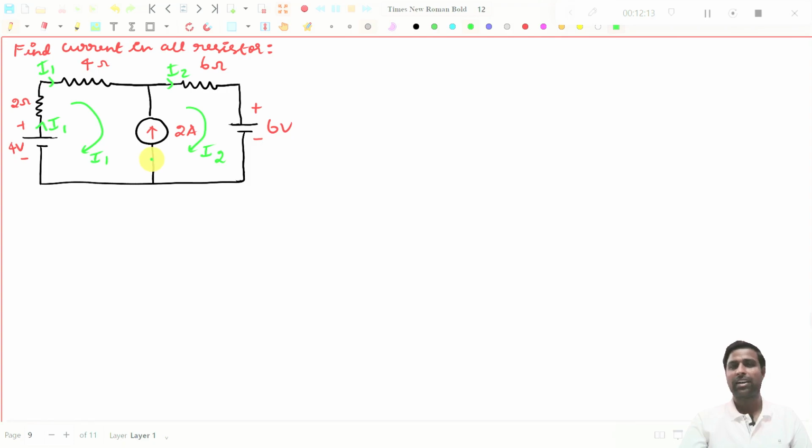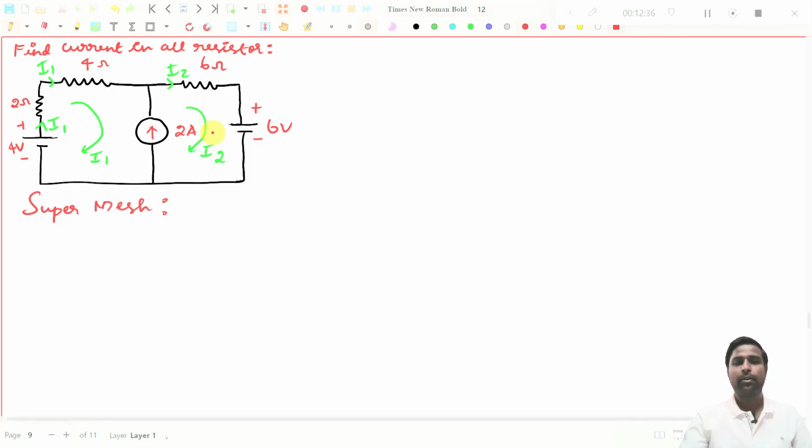So for that, if you see any problem like this, which means any current source connected between two loops, that means this current source is common to first loop as well as second loop. These kind of problems, we are calling it as super mesh problems.